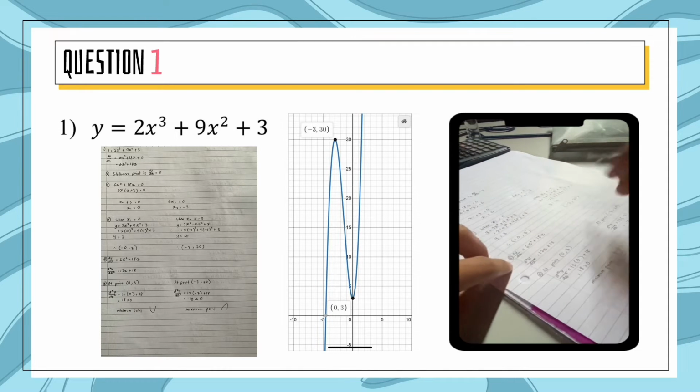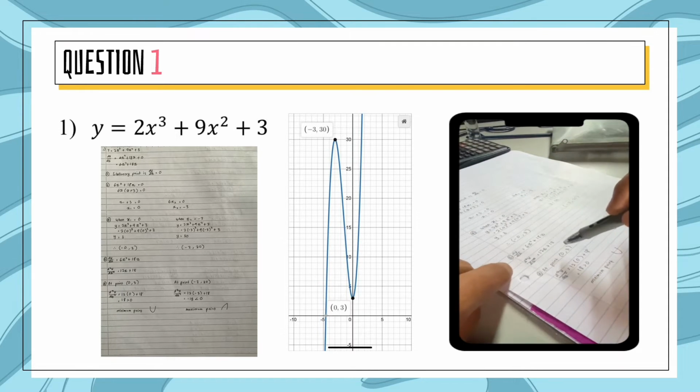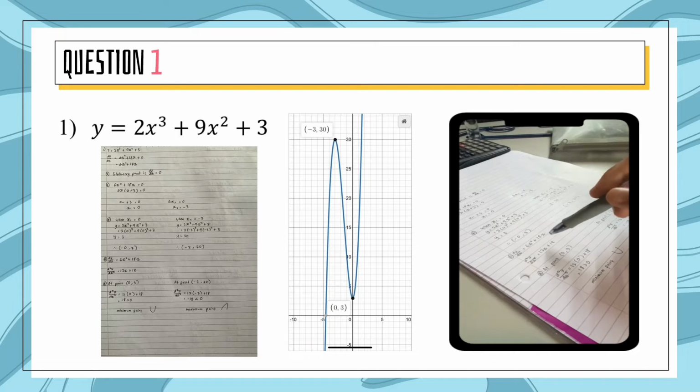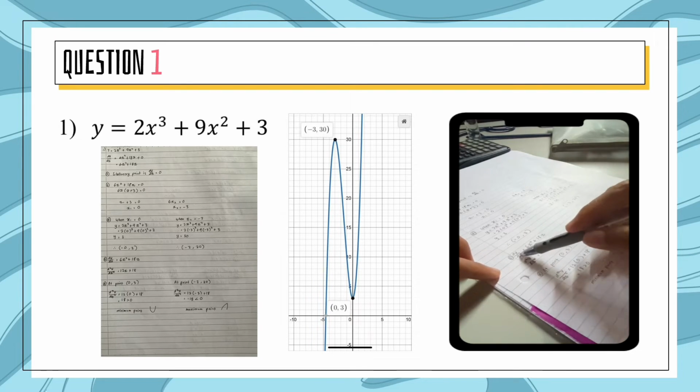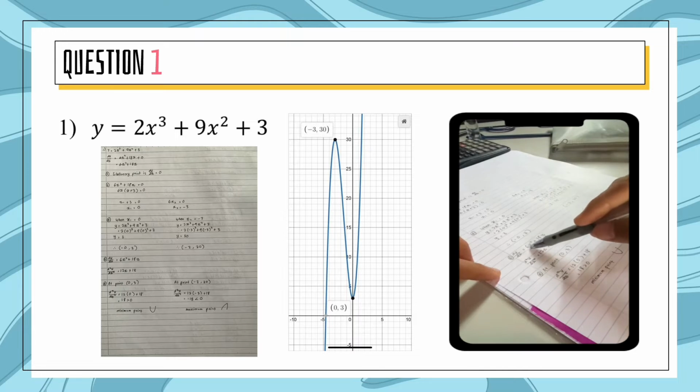Step 5, we need to do the second order differentiation. dy over dx equals 6x power of 2 plus 18x.